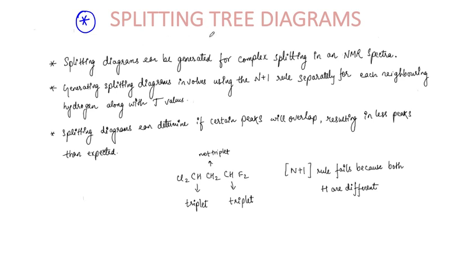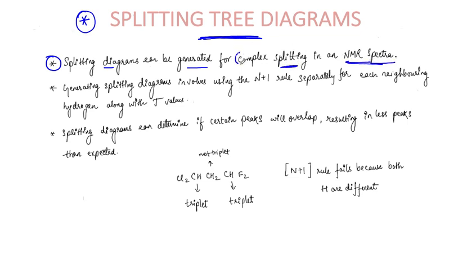Now, the splitting tree diagram. We have just done a question previously, and I told you that we are going to have different protons which split in a different manner. So let's see them. Splitting diagrams can be generated for complex splitting in NMR spectra.